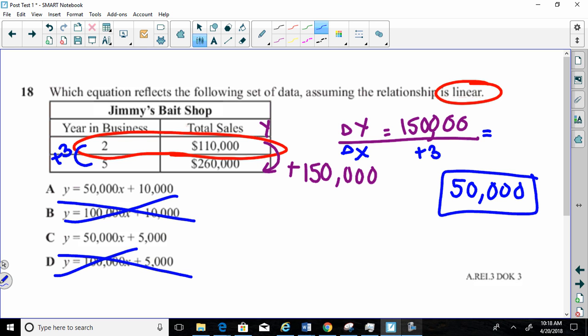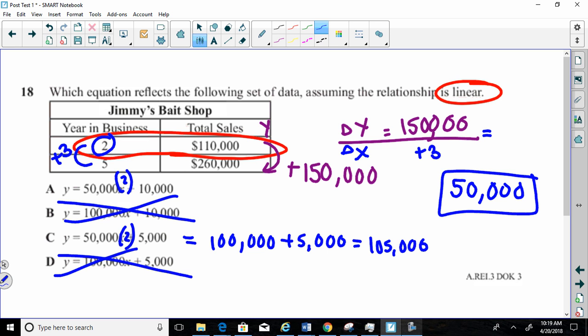So, let's just plug one in. Let's plug in 2. So when I plug in 2 for these x's, I should get what answer? 110. So let's try this. What's 50,000 times 2? 100,000 plus 5,000, 105,000.